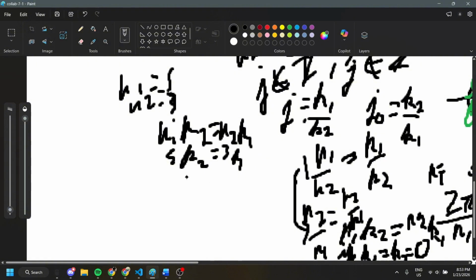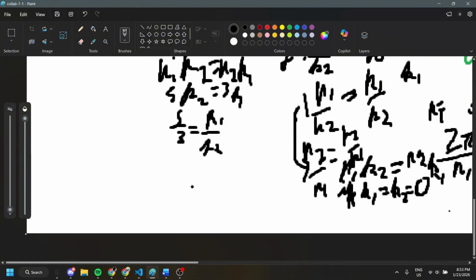So to make this true, I think I found it, 5 over 3 has to be equal to k1 over k2. So that means that for the ratio to hold, 5 is equal to k1 times any scalar p, and 3 has to be equal to k2 times the same scalar p, where the p are the same.